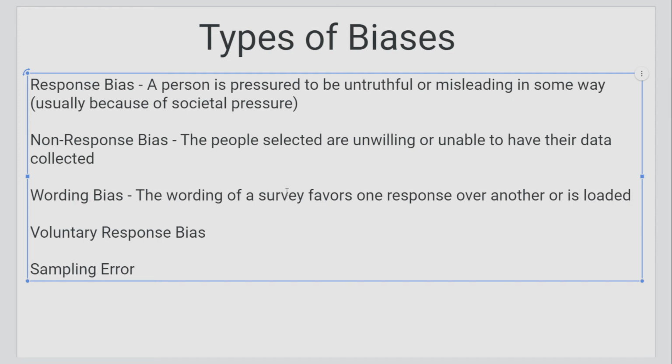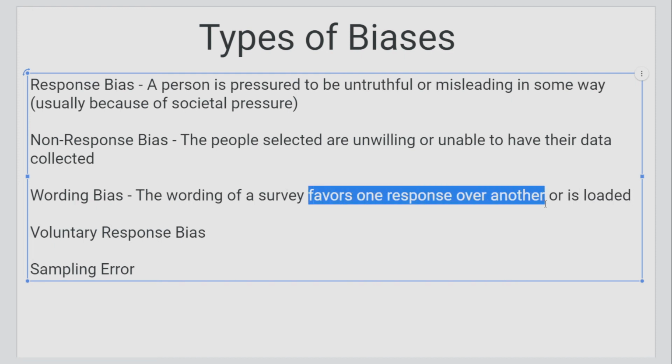So the first part, favors one response over another, might be something like, do you hate the rain because the humidity goes up? Well, because of that phrase, because the humidity goes up, it makes us want to say no, right? Because humidity makes things hotter and it's just not great in general. And so that survey question wants us to answer, yes, I don't like the rain because humidity goes up.